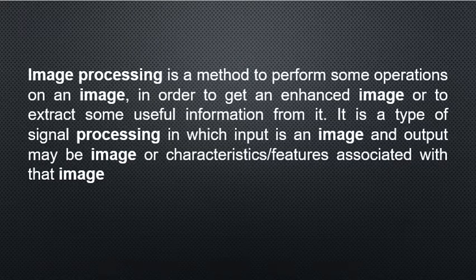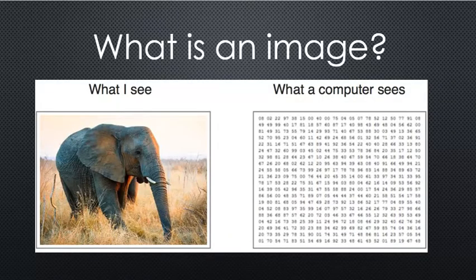To understand this, I think we should first know what an image is. What we see is that an image is nothing but a matrix of digits. In reality, any image that exists in the world is just a collection of numbers. So when we are working with images, we work with these matrices to get some results.